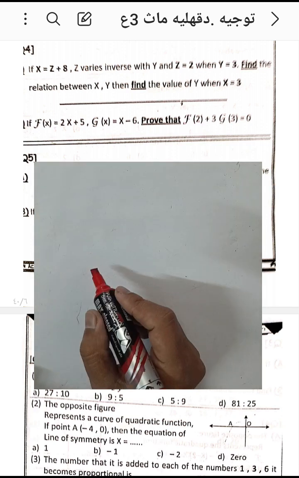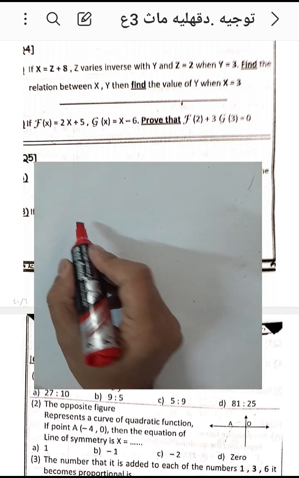Question number 4. If X equals Z plus 8 and Z varies inversely with Y. What does it mean?